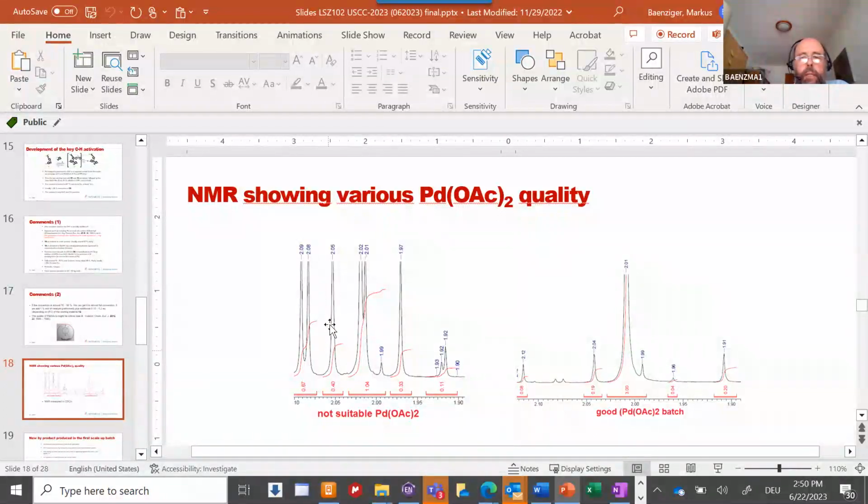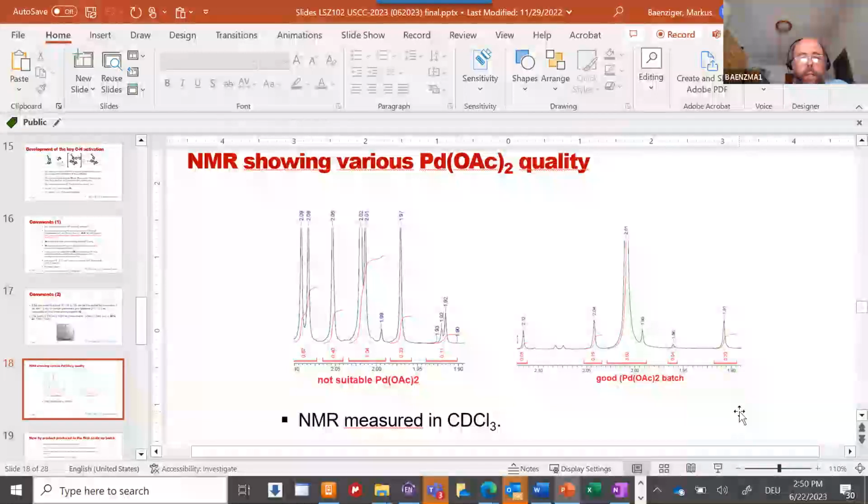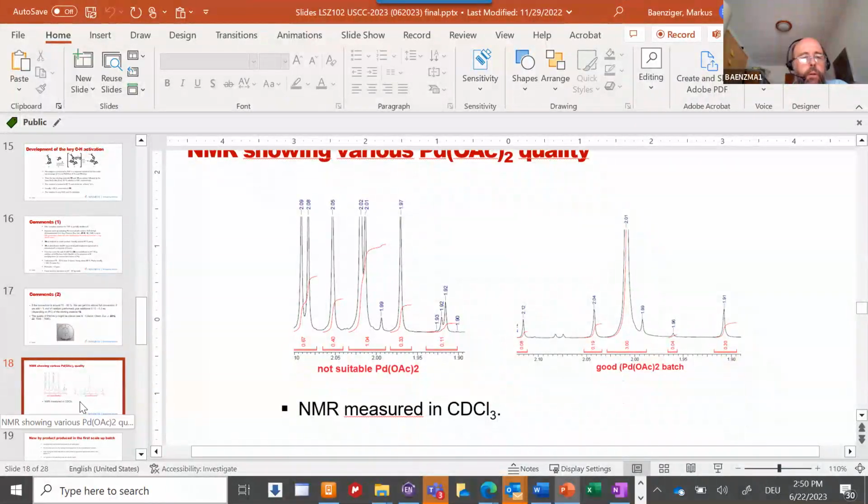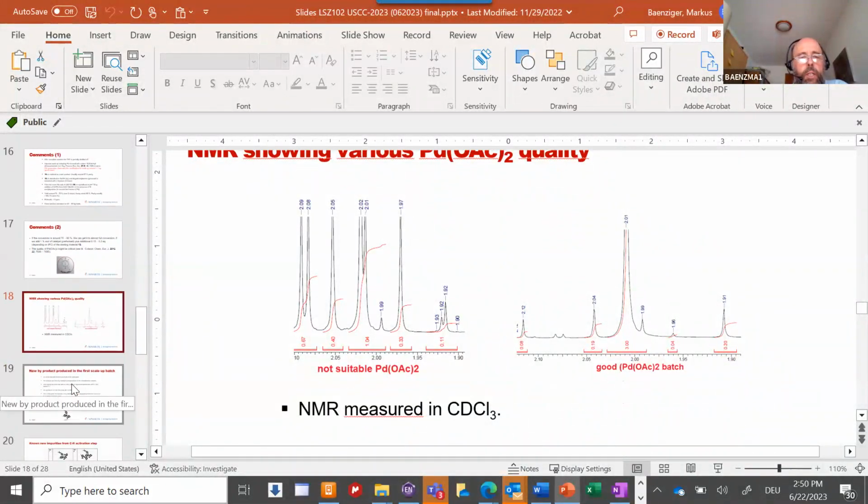You see a lot of signals of the acetyl group. So this palladium acetate was not suitable and didn't give any good results. Whereas with this palladium acetate batch, where you see predominantly 1 signal for the acetyl group, this showed a good catalytic activity and was a good choice for this CH activation step.